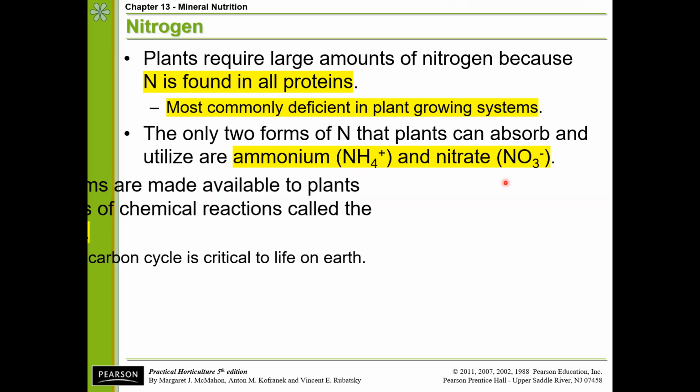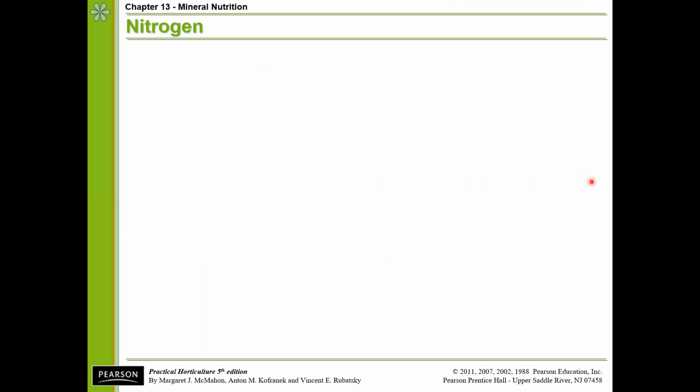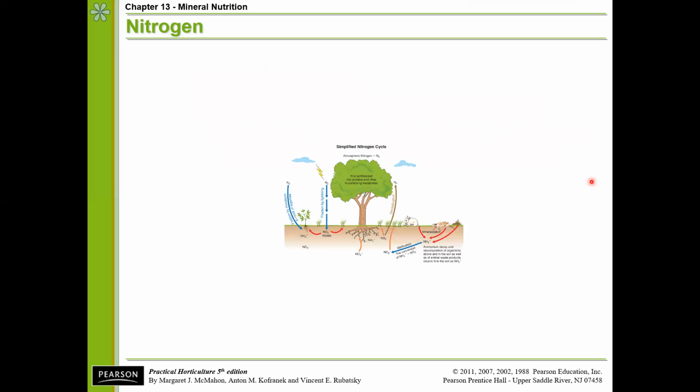There are many other forms that nitrogen exists in, but they are unavailable to plants. They are made available to plants through a series of chemical reactions that we refer to as the nitrogen cycle, which, like the other cycles we talked about, the water cycle and the carbon cycle, is critical to life on Earth. So let's take a look at it.